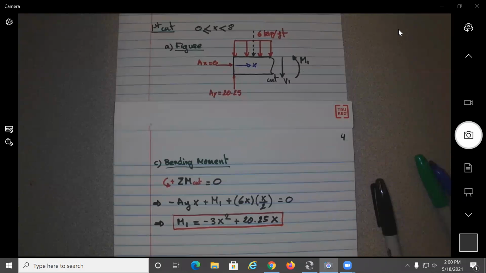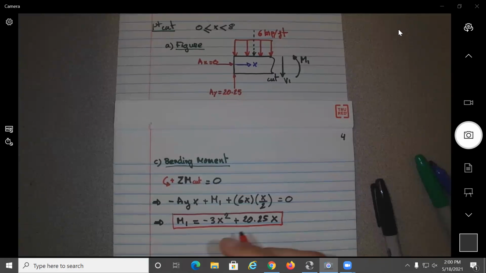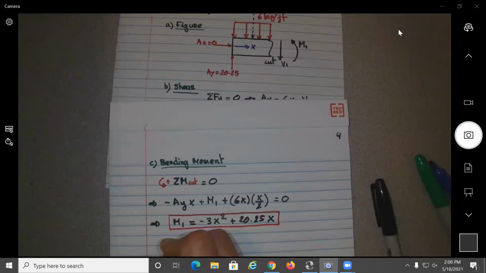Okay, so now, what type of equation is this? This is a quadratic equation, so probably we're going to need how many points to define it? If for a line which is in power x, how many do we need? 2. When it's something to the square, we're going to need at least 3 points, no? Okay, so like before, maybe we can do the easy ones. We'll have, let's see, what color did I use? Red. So we have M1 at 0 and M1 at 8.